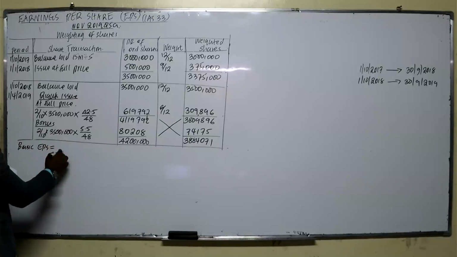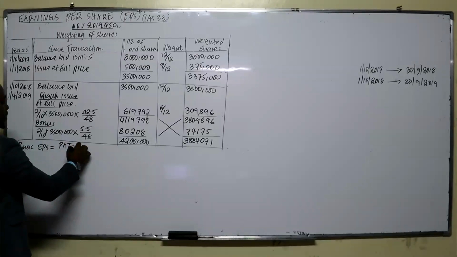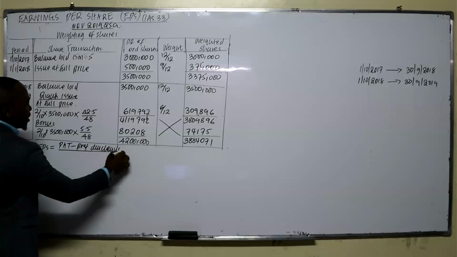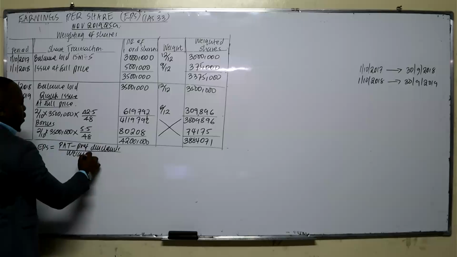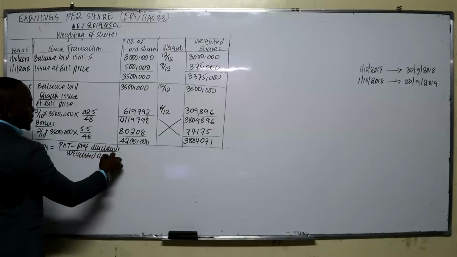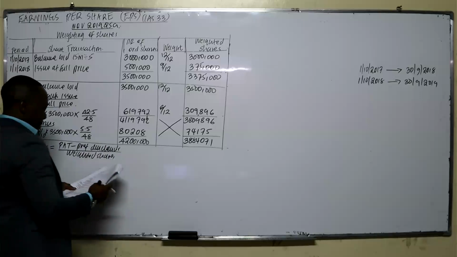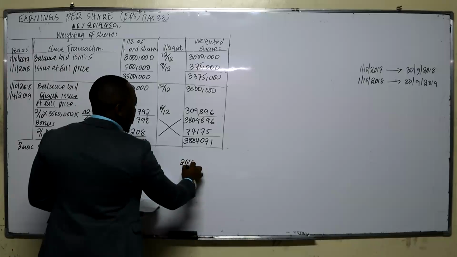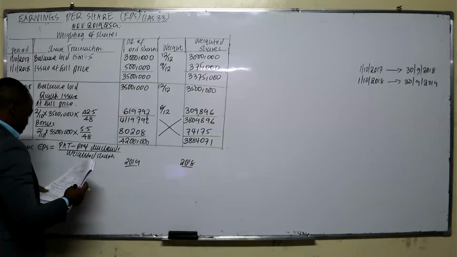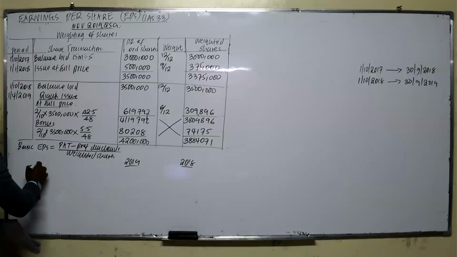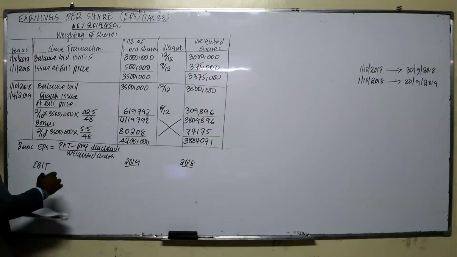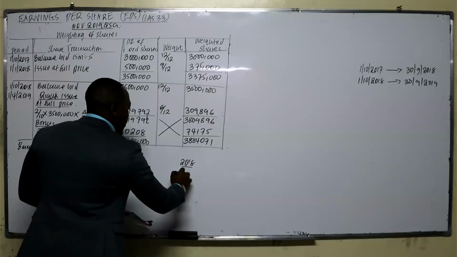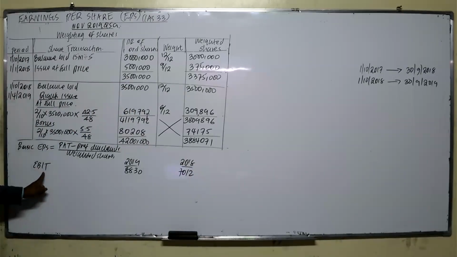Now, basic EPS, you take the profit after tax, you raise the preference dividends, then you divide by the weighted shares. So you had 2 financial years. We had 2019, we had 2018. So you have the profit before interest and tax. That's the EBIT, earning before interest and tax. 2019 was 8830,1712.